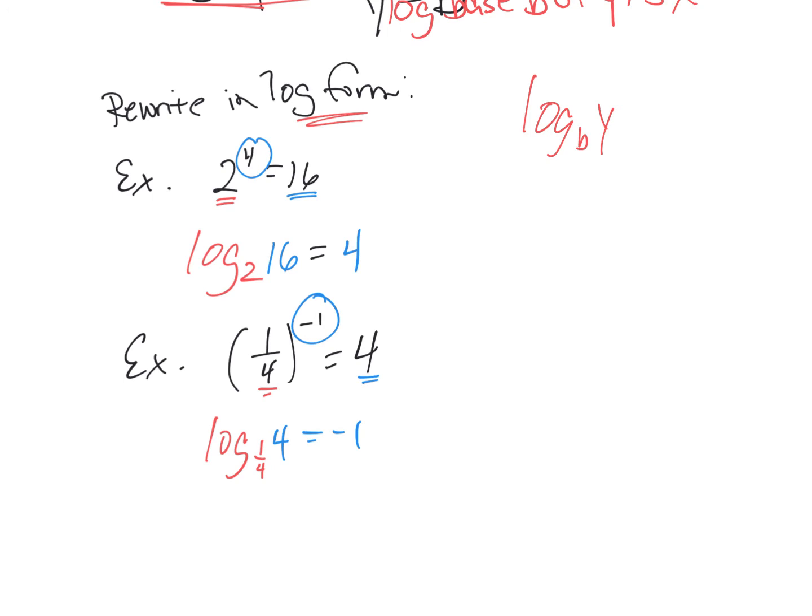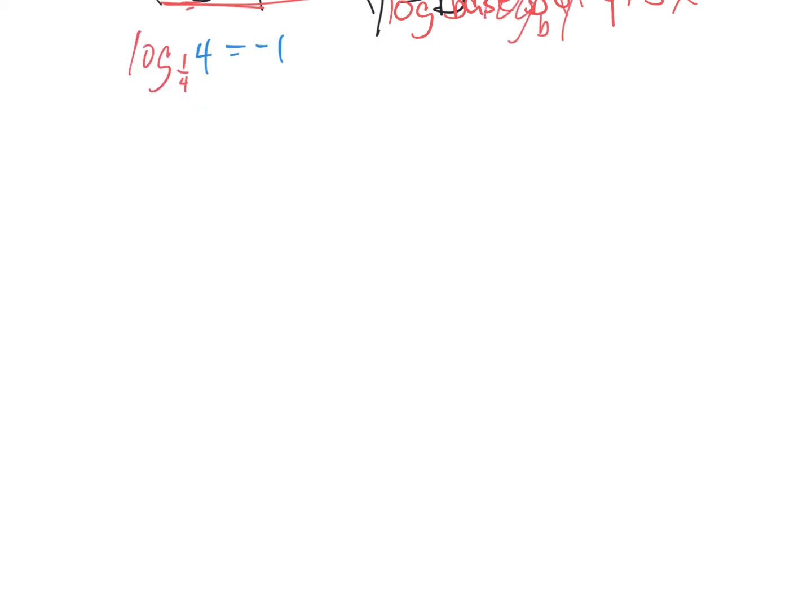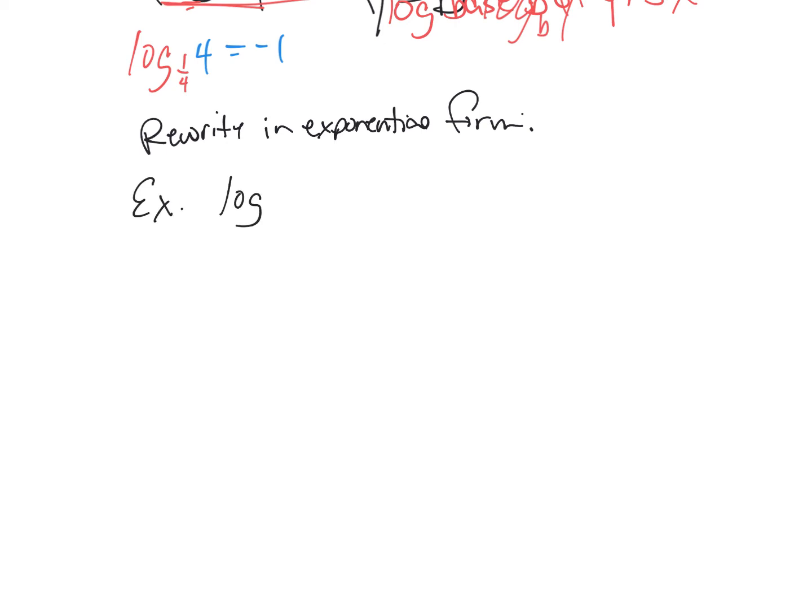Then the next one we're going to do is rewrite in exponential form. So let's have an example. If I give you log base 5 of 25 is 2, we're going to rewrite in exponential form.